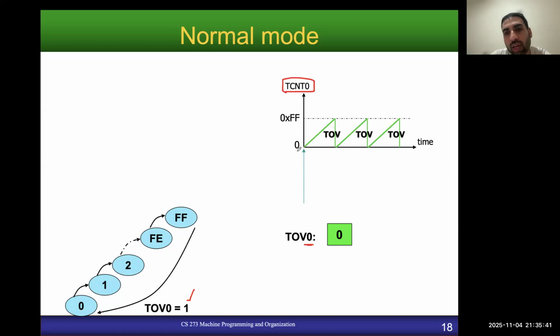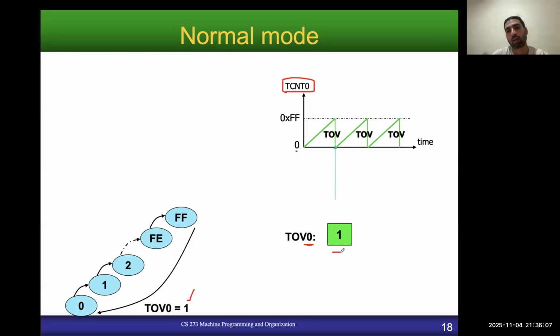So let's say you initially put the value 0, and then you repeatedly provide the clock signal, right? So on every clock signal, what will happen? The value will increase from 0 up to 255, right? So the value will continue increasing until it reaches maximum, and at that point it will overflow and be set equal to 0, and your flag will be set equal to 1.